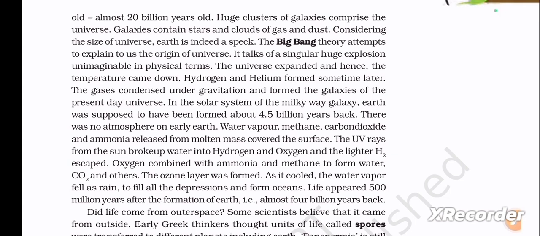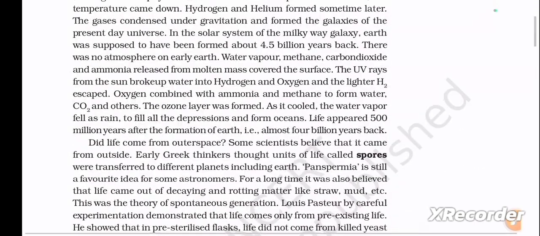Oxygen combined with ammonia and methane to form water, carbon dioxide, and others. The ozone layer was formed. As it cooled, the water vapor fell as rain to fill all the depressions and form oceans. Life appeared 500 million years after the formation of Earth, that is, almost 4 billion years back.